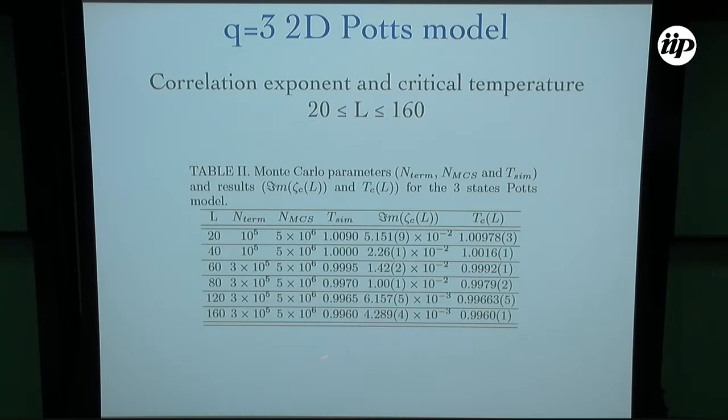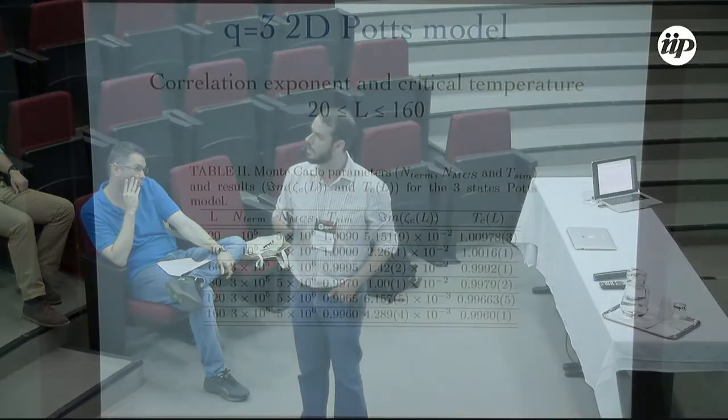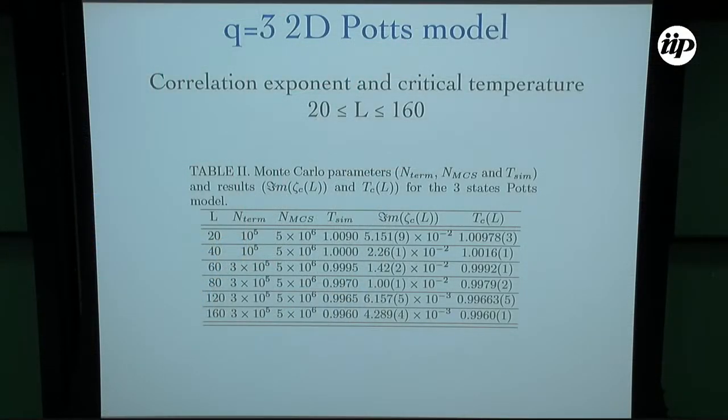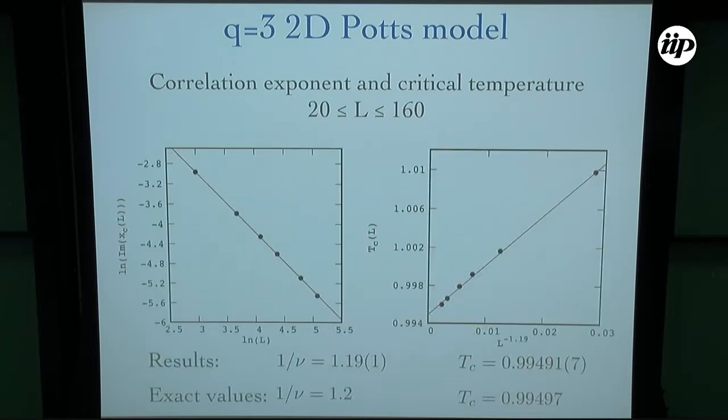Here, just to show you, for the 3-state Potts model, we have run 5 different simulations, each one with 10^6 Monte Carlo steps. Okay, here are the temperatures that we ran, and we use histogram reweighting here instead of iterating the algorithm, because we chose temperatures that are close enough to the critical temperature for that lattice size.